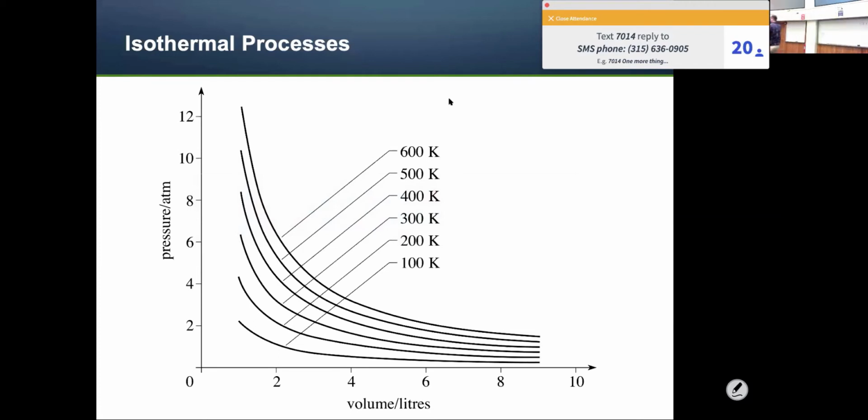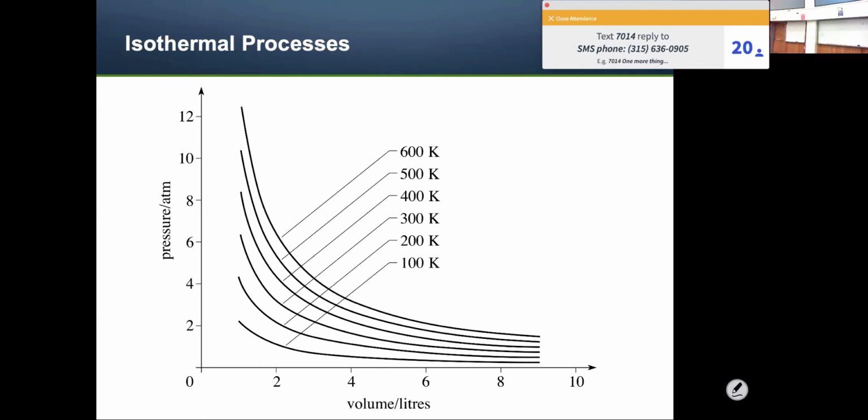We derived the quantitative formula for those tracks. It was basically just a 1 over P proportional to 1 over V track. And as you go towards higher temperatures, you're going higher up in the diagram. So if you start here on your diagram and you move down to here, you have changed your pressure and volume a lot. You have not changed your temperature. And my statement at that time was that you therefore will have also not changed your internal energy. The delta E of that transition along any one of these lines has to be 0.